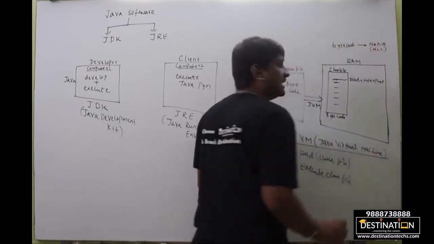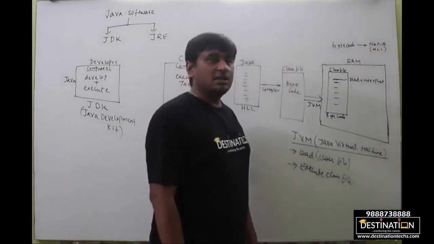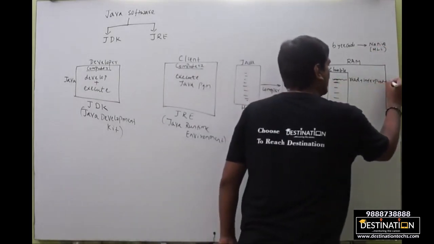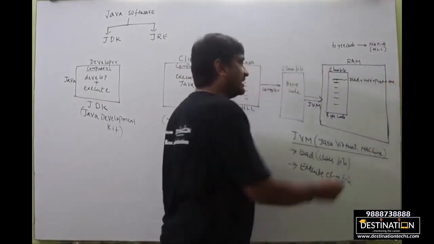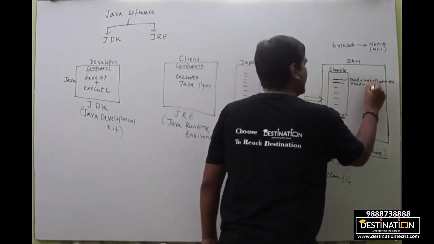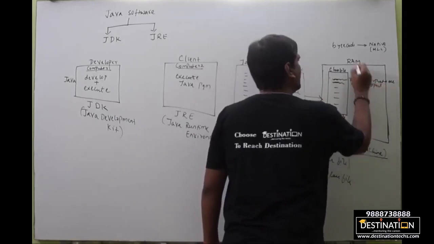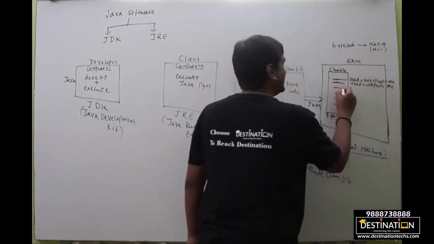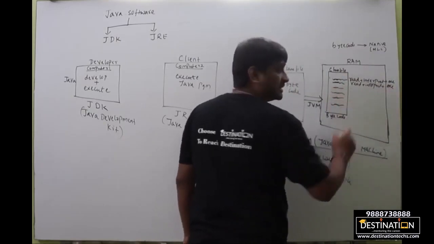That procedure we call interpretation. So JVM will read the first line, interpret, and with the help of the microprocessor it will execute. Next, it will read the second line, again interpret the second line. Interpret is nothing but conversion of bytecode into machine level language code. Again it will execute. Like that, line by line it will execute.